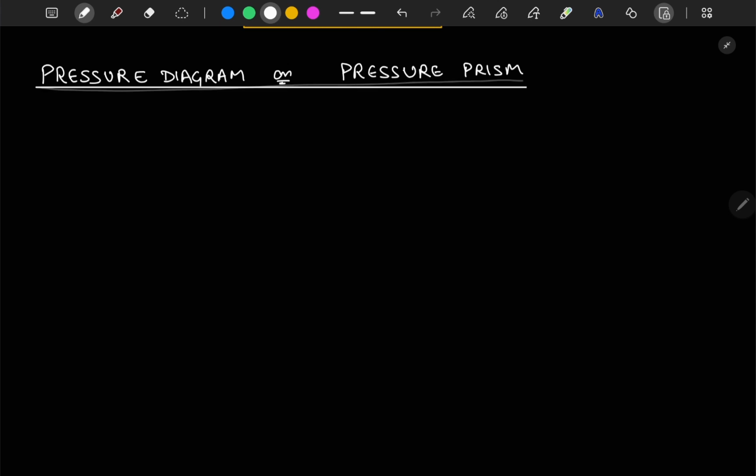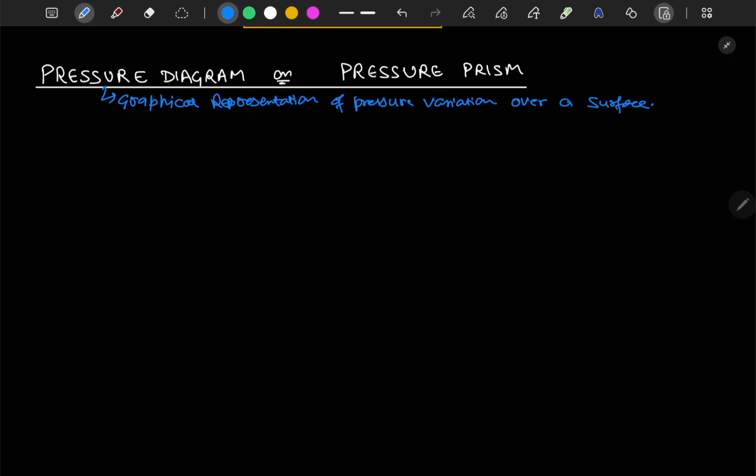If I talk about the pressure prism, it is basically a graphical representation of pressure variation over a surface.